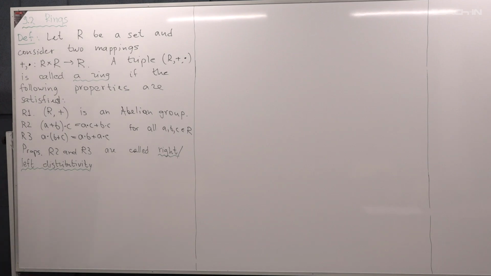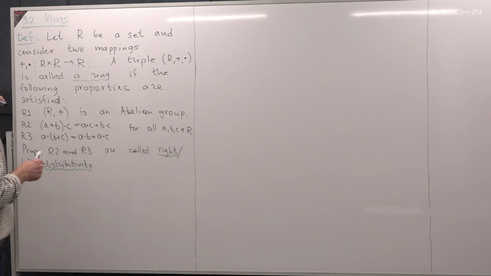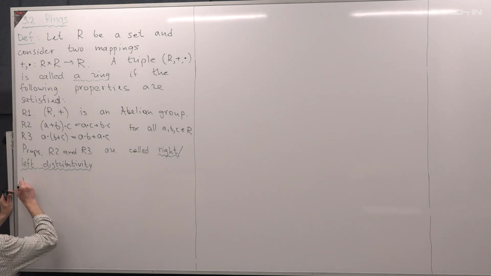So, if these properties are satisfied, then this set is called a ring with respect to these two operations. And so I'm going to make a remark.